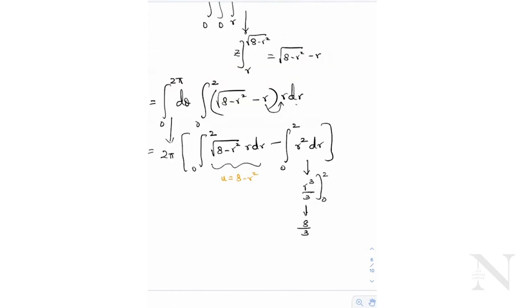Let u equal 8 minus r squared, so du is negative 2r dr. We just need r dr, so negative 1/2 du equals r dr. Or if you like doing it the way you learned in high school, solving dr equals negative 1/2 du over r and then plugging it in, it's going to give you the same answer.